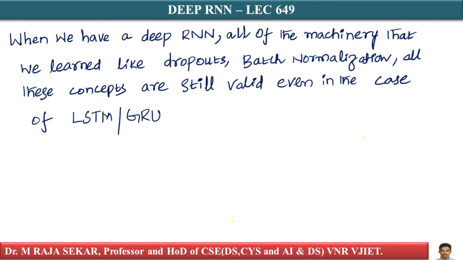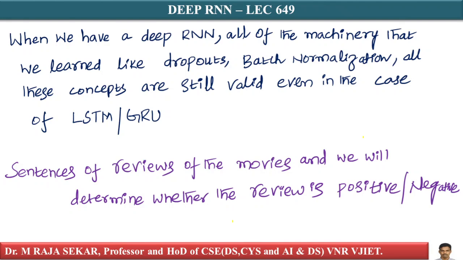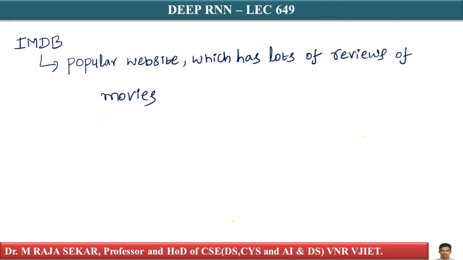We will see some examples later in this chapter, real world examples of taking sentences of reviews of the movies, and we will determine whether the review is positive or negative. We will take reviews from IMDb, which is a very popular website which has lots of reviews of movies. We will see an example so that all these concepts are much clearer for you.